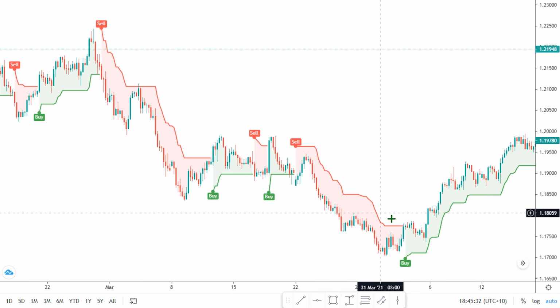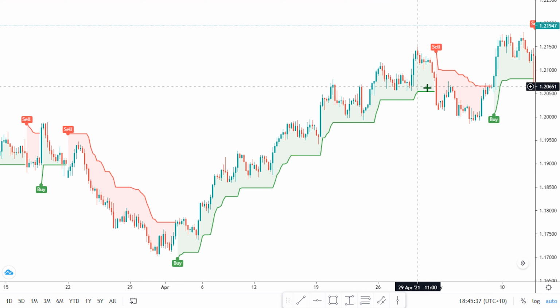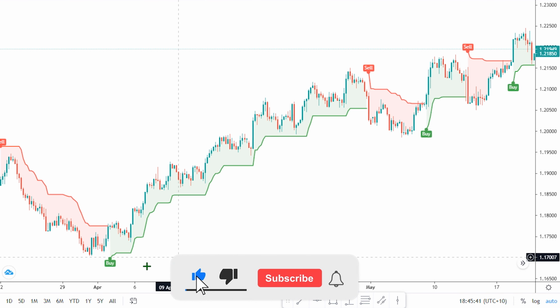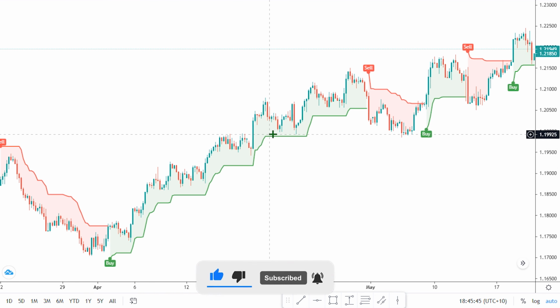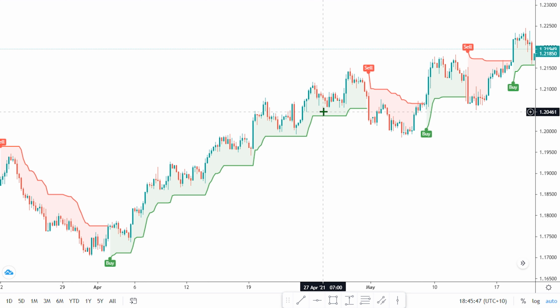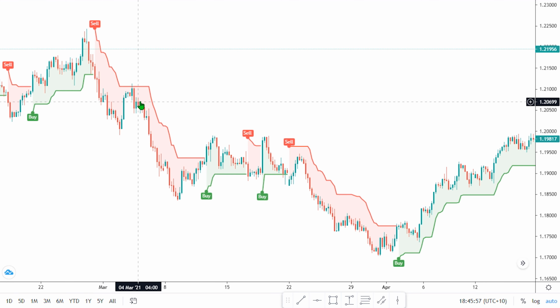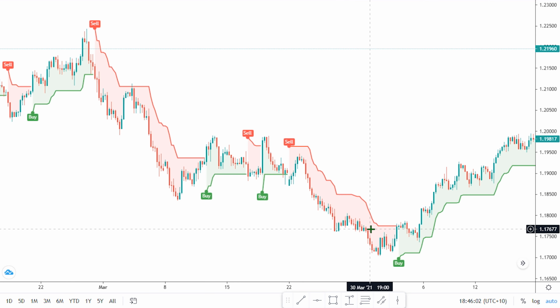As we can see on this trading chart, the changing of colors determines the trend direction of the instrument you are trading. When the indicator turns green due to the closing of the price above the SuperTrend Indicator line, a buy signal is generated. And once price closes below the SuperTrend Indicator line, it turns from green to red and a sell signal is generated.